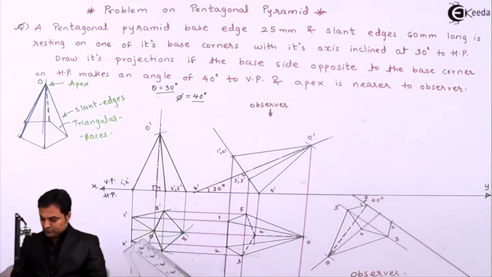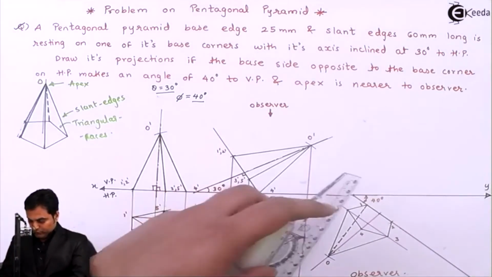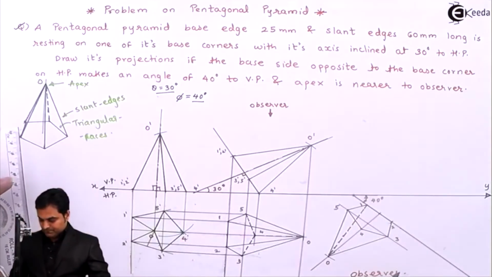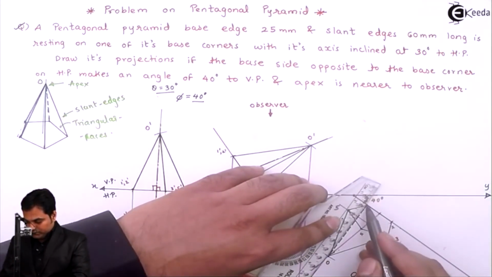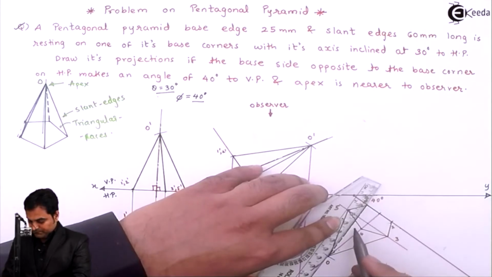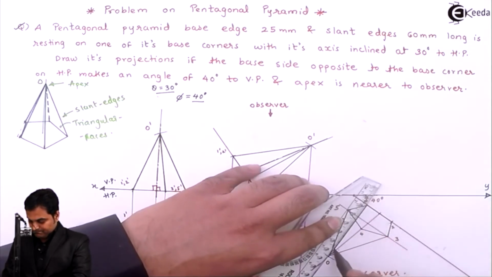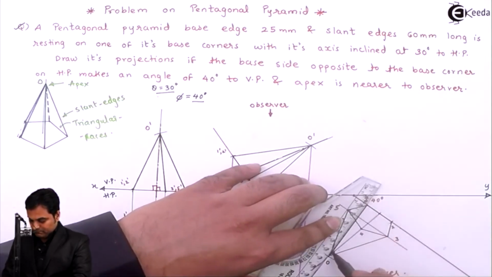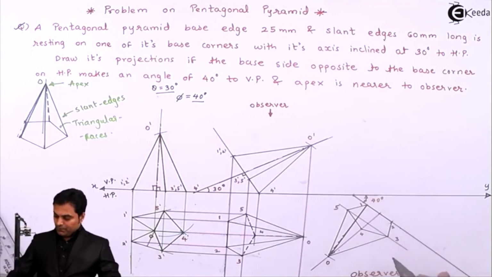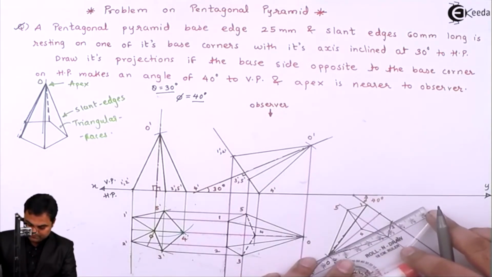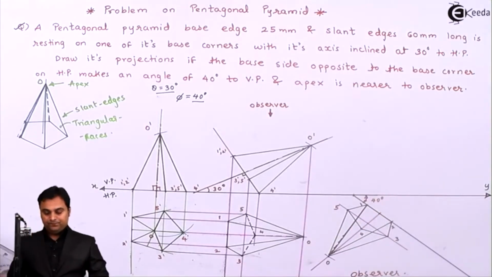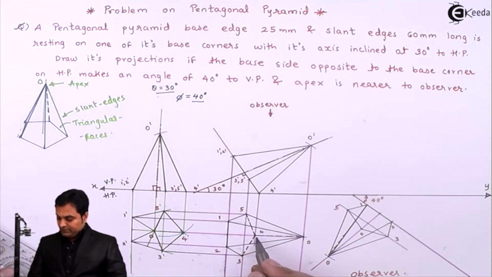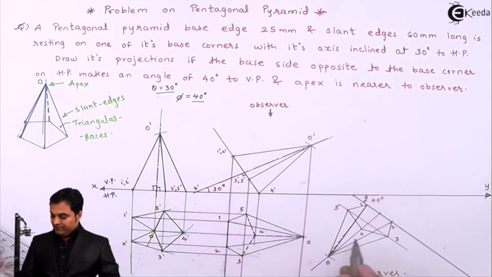O to 1, that is visible. O to 4 is hidden. So here this is visible. And then O2 is also visible. Then 3 to 5, 3 to 4 and 4 to 5 are hidden.